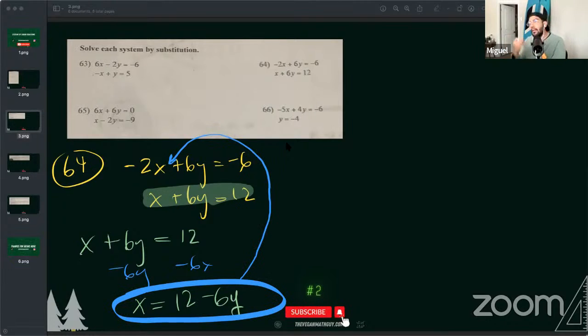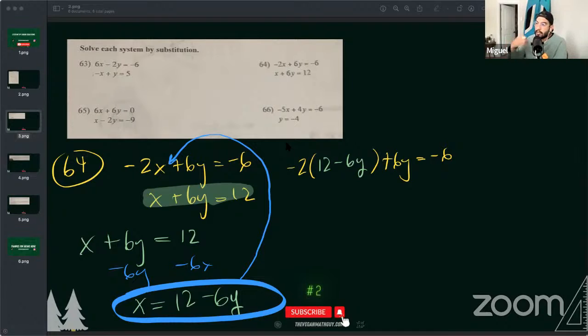Now we're going to take this equation and substitute it, aka plug it in, to the x variable in the first equation, the one that we were not working with originally. So I have -2, and this is where I substitute this value in: 12 minus 6y, plus 6y is equal to -6. Again, same method.